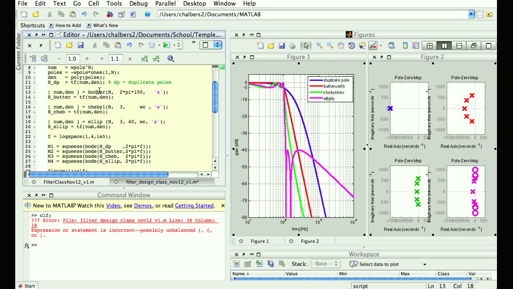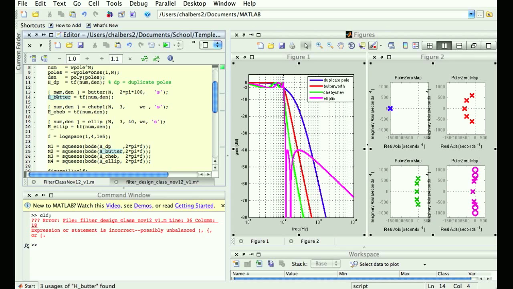Build me a Butterworth filter with n poles, where n equals 5, with this cutoff frequency, 2 pi times 100 radians per second. And you have to put the S flag. The S flag says I want an analog filter. Okay? And lo and behold, it builds you an analog filter. H butter becomes your transfer function.